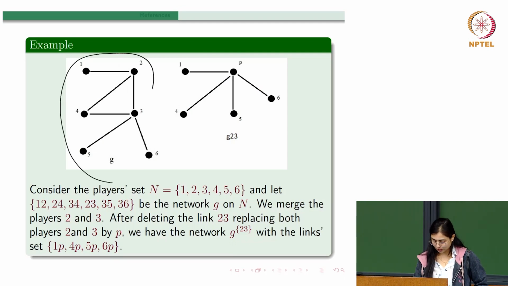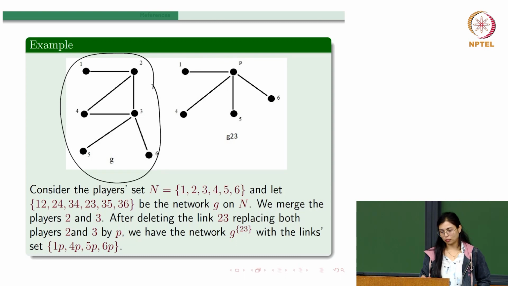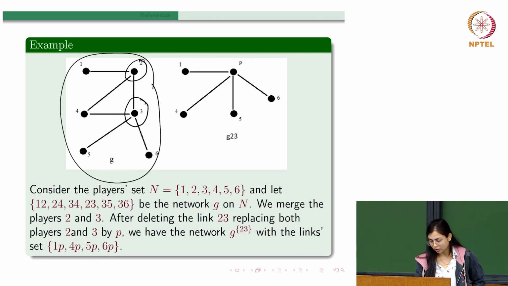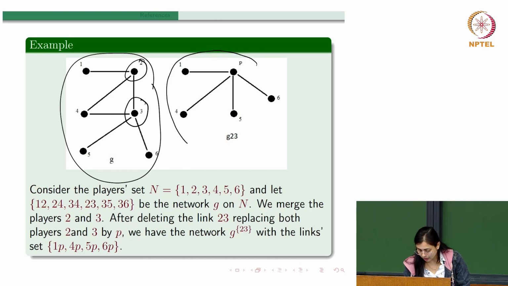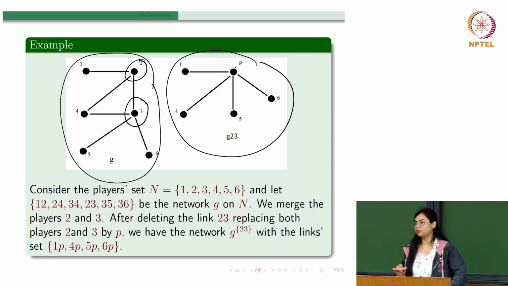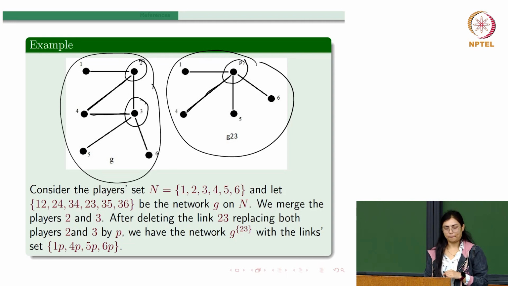It is simply this: if I have a network Z and suppose I merge two players with all their links, say 2 and 3, into one player. Then I will have this merged network. How will it form? After merging players 2 and 3 into one player P, the link 2-4 and the link 3-4 will become one link, 4P.